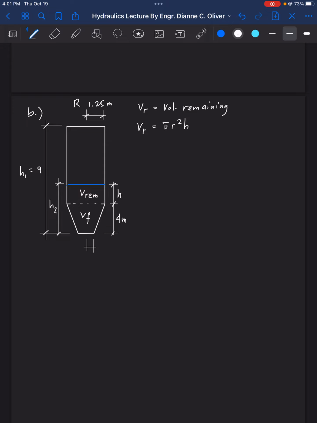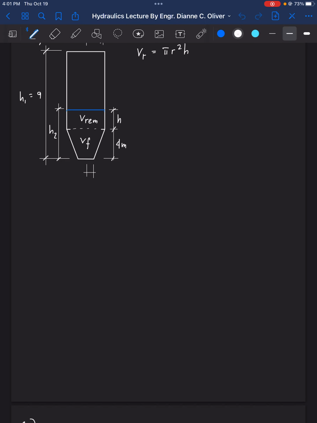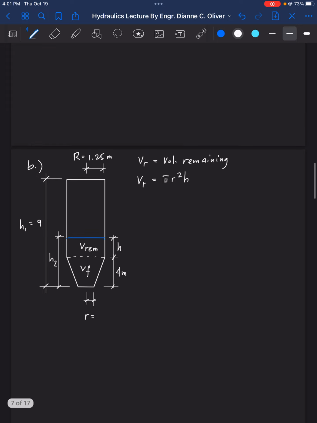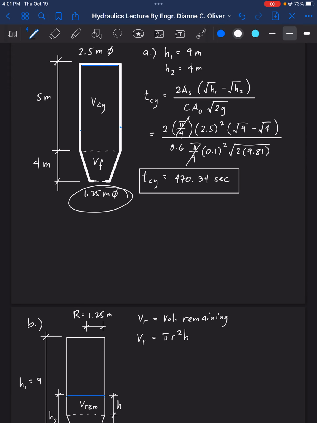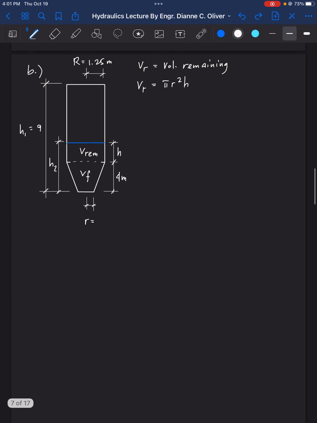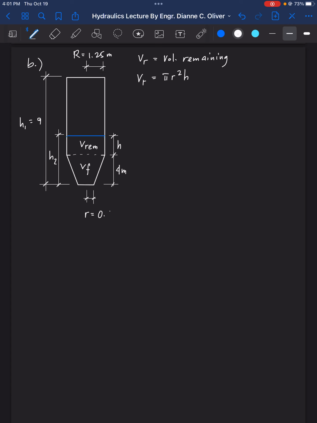This is our big radius. So our smaller radius here, R is equal to, that is 1.25 diameter divided by 2, that is 0.625. So that is the radius.